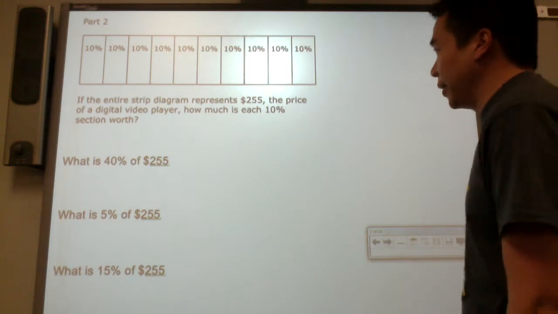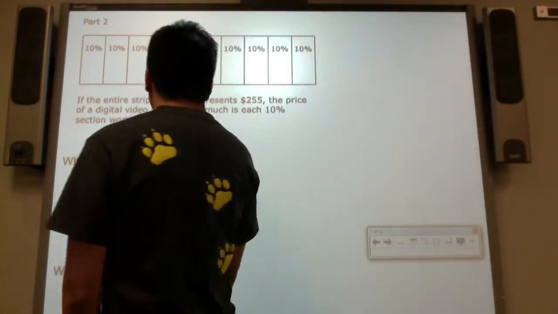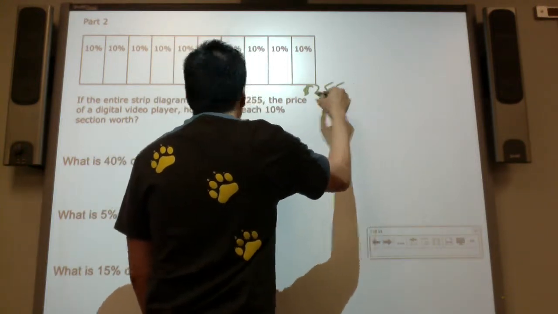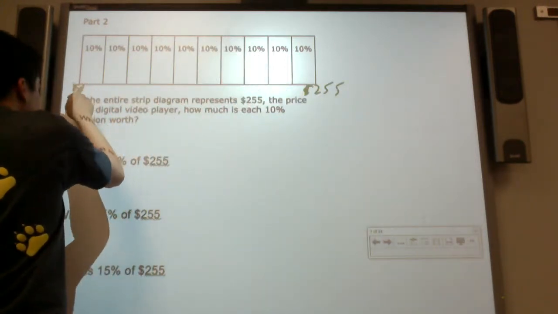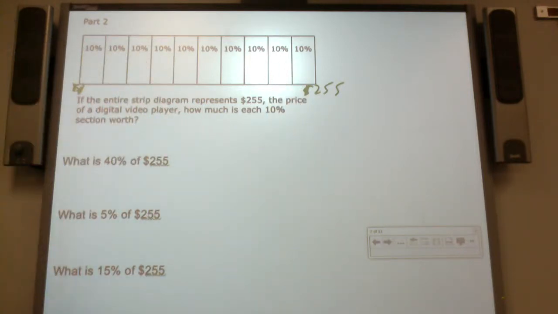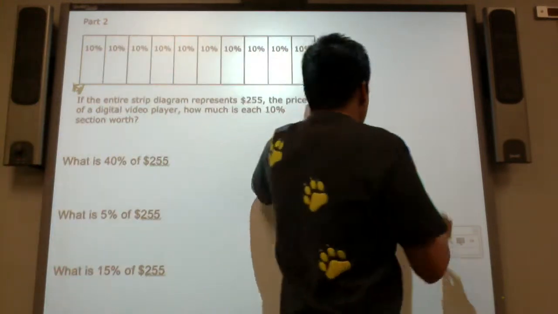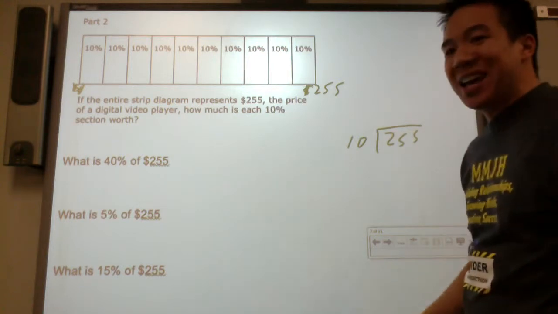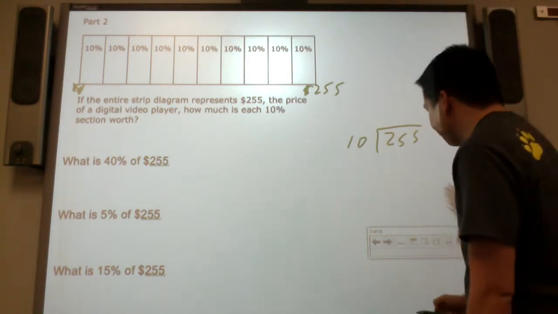Next one. If the entire strip diagram represents $255, then 0% is 0 and 100% is $255. How much is each 10% section worth? We know there are 10 sections, so I need to break $255 up into 10 sections.